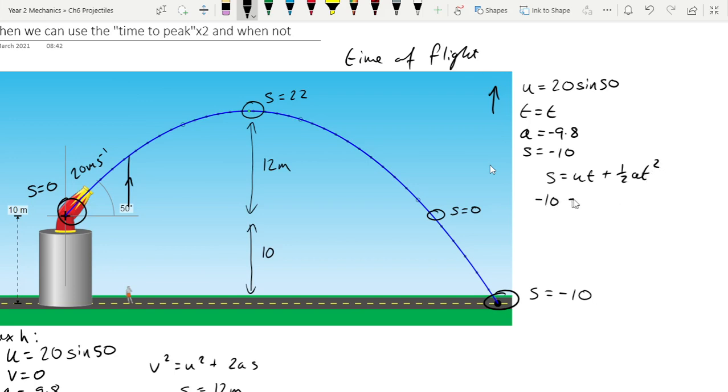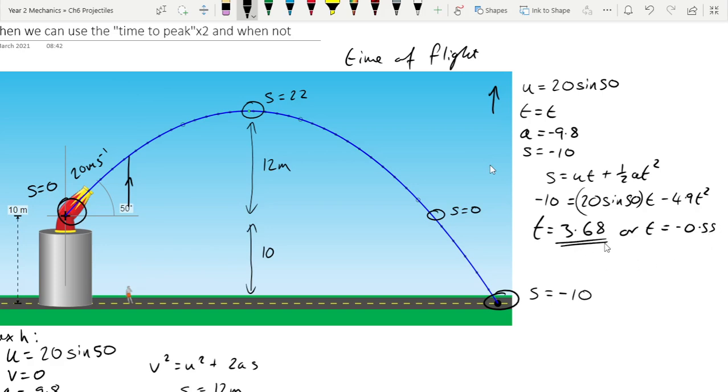So negative 10 equals 20 sine 50 times t minus 4.9 t squared. And then we just get a quadratic to solve, which you can do on your calculator. And if I solve that, I get t equals 3.68 or t equals negative 0.55.